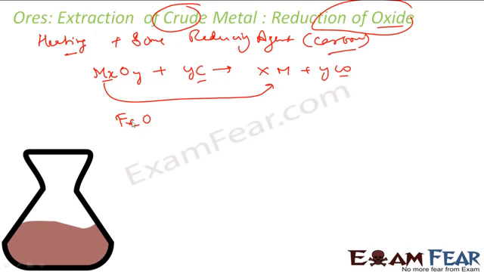Let's suppose this is my oxide. React it with carbon, I get Fe plus CO. Right? Now, the good part or the trick here is that some metal oxides can easily be reduced by carbon, but some are difficult to reduce.